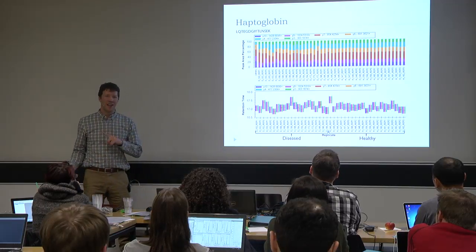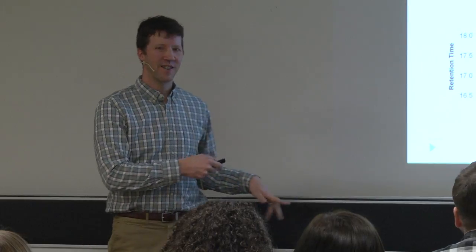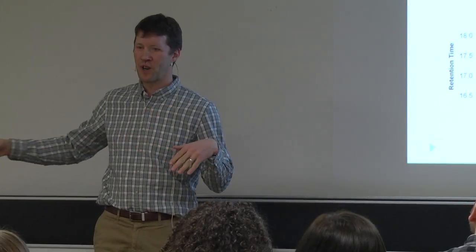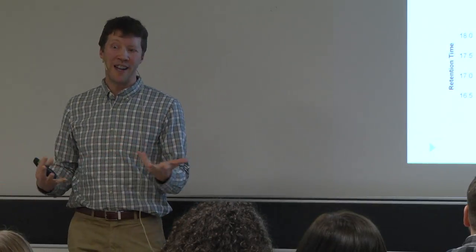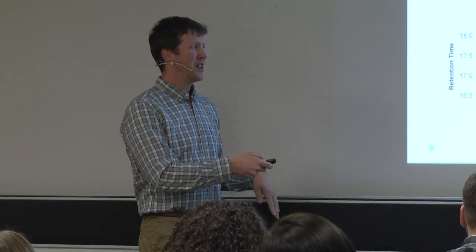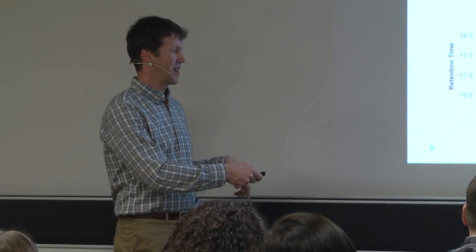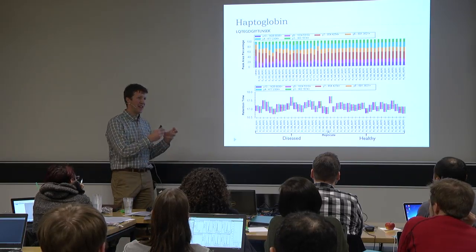We're going to get into this a little bit later, but I'm plotting this without the time, so you don't know the order that these were acquired in. These are ordered logically: I've grouped all the diseased on one side, all the healthy on another side, and then each subject.